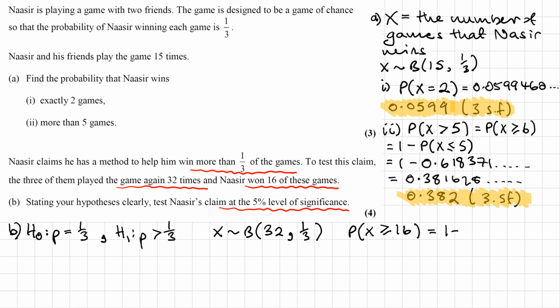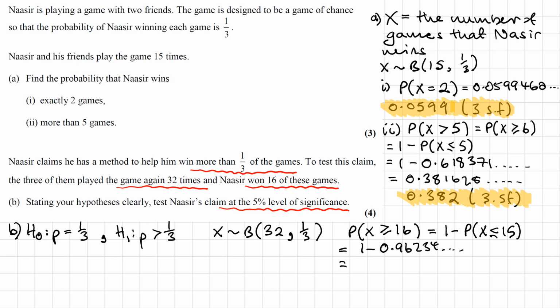So this will be 1 minus the probability that X is less than or equal to 15. Let's work that out on our calculator, see what we get. So we've got 1 minus 0.96234 and so on.